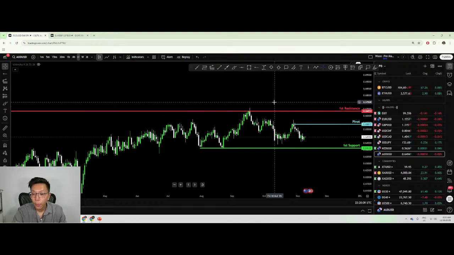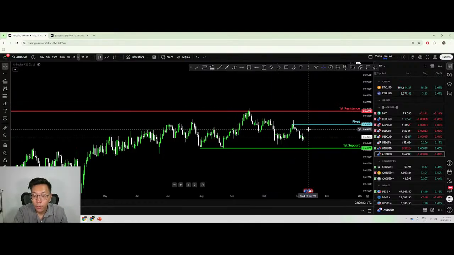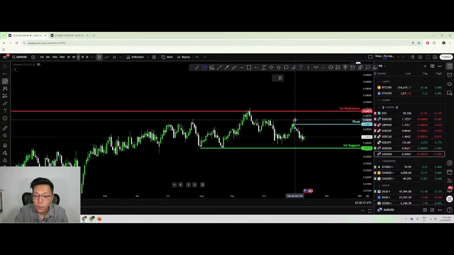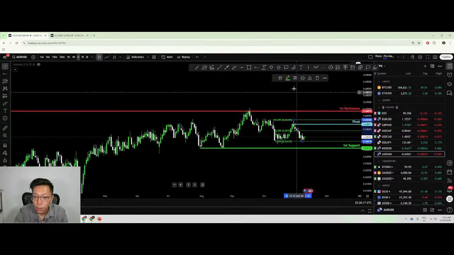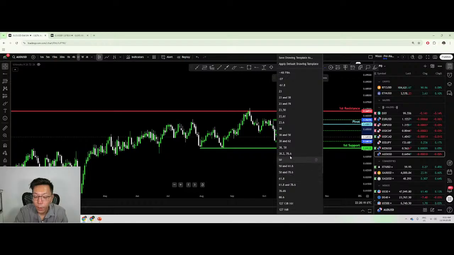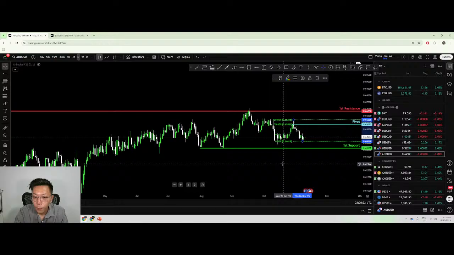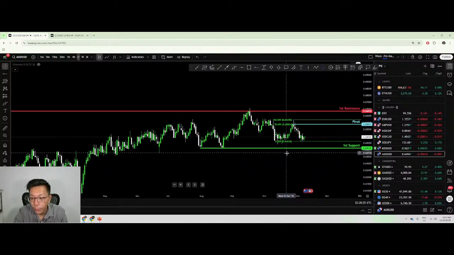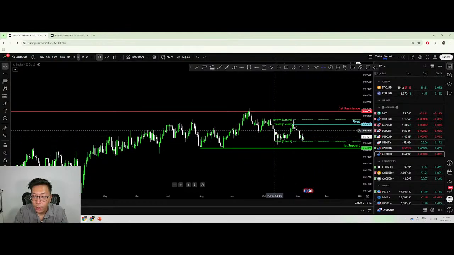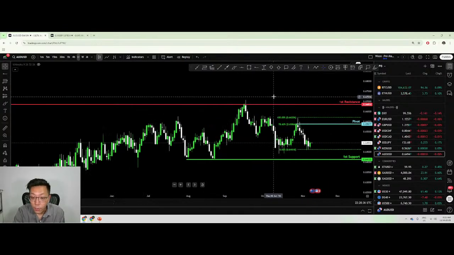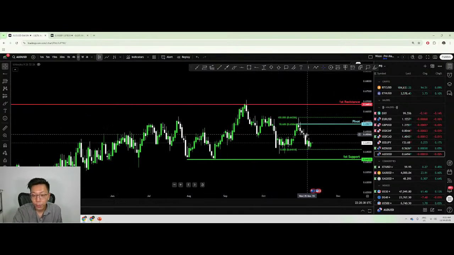Then, we don't have any Fibonacci retracement level as price, let me see. Even if I mark it out over here, oh, we do have a retracement level. We have a level right here, this 78.6% Fibonacci retracement level, which aligns with our pivot point.